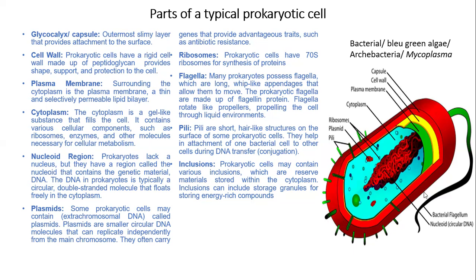So for dealing with the structure of the prokaryotic cell, you can see the written part here also. Outermost covering, this is the bacterial cell. Examples of prokaryotic cells are bacteria, blue-green algae, spelling is mistaken here, such as Nostoc and Oscillatoria, and archaebacteria.